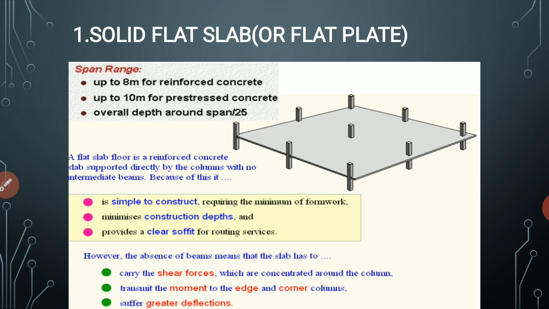For basic or minimum spans without any special arrangement in the column head, this solid flat slab is provided. It is simple to construct, minimizes the construction depth, and provides a clear soffit for routing services.